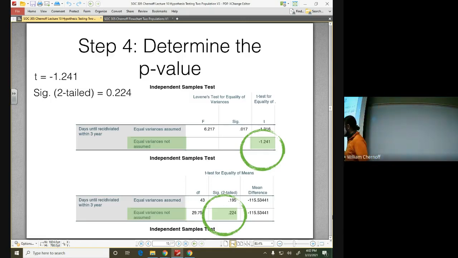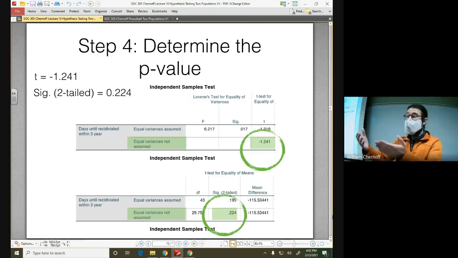On Thursday, we're going to talk about some design ideas, and I'll explain then why you prefer one row over the other, your safe bet, and what you'll see on the exam and all that. From this table, you'll look at the second row, pick the number under the t column, and pick the number under the SIG two-tailed column.